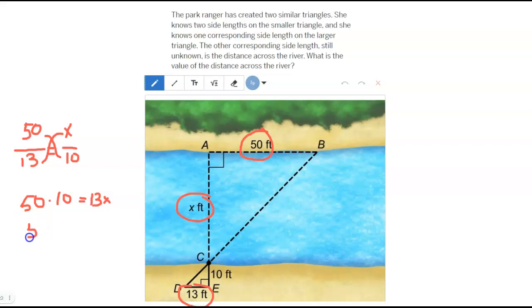Fifty times 10 is 500, equal to 13 times x. 500 divided by 13 gives us the value of x.